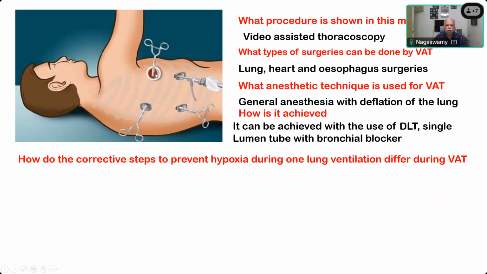Here there are only keyholes that are made, not a big thoracotomy incision, unlike when you do the open surgery. So what is the difference between open surgery and video assisted surgery with respect to the hypoxemia produced by one lung ventilation? The pneumothorax created during the VATS.